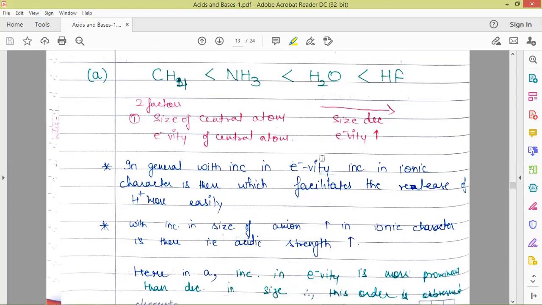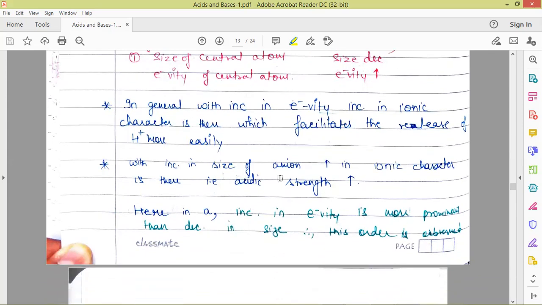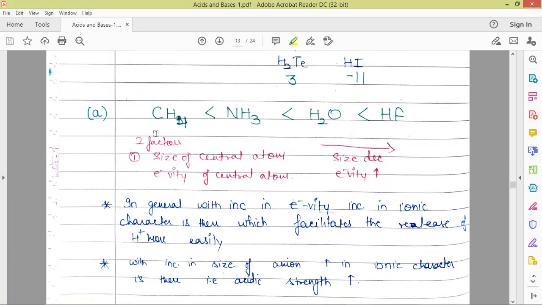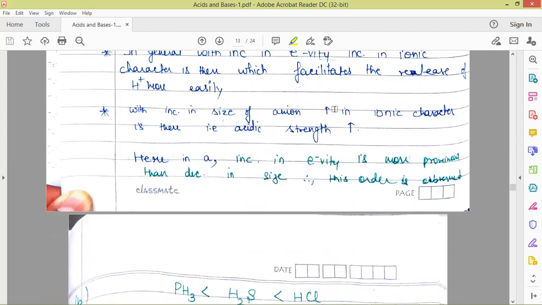Now here size is decreasing and electronegativity is increasing. As we move along the period, the decrease in size is not much, but the increase in electronegativity is very appreciable. So for this series, the increase in electronegativity is much more pronounced and prominent than the decrease in size.